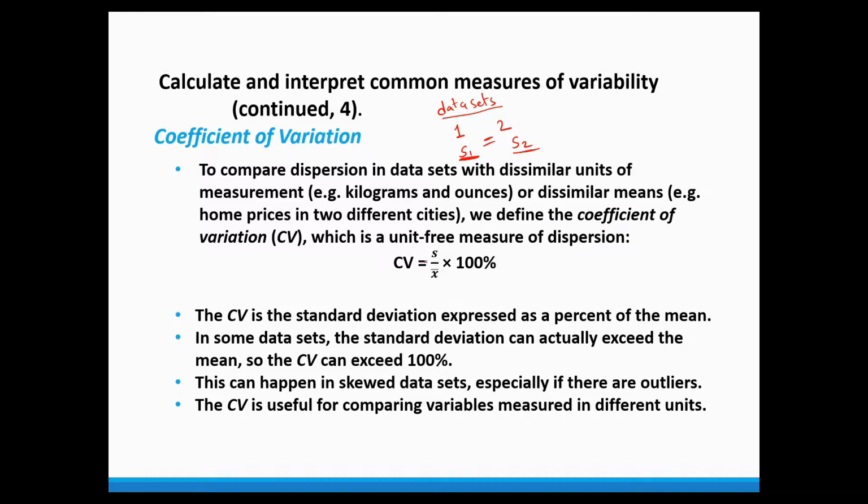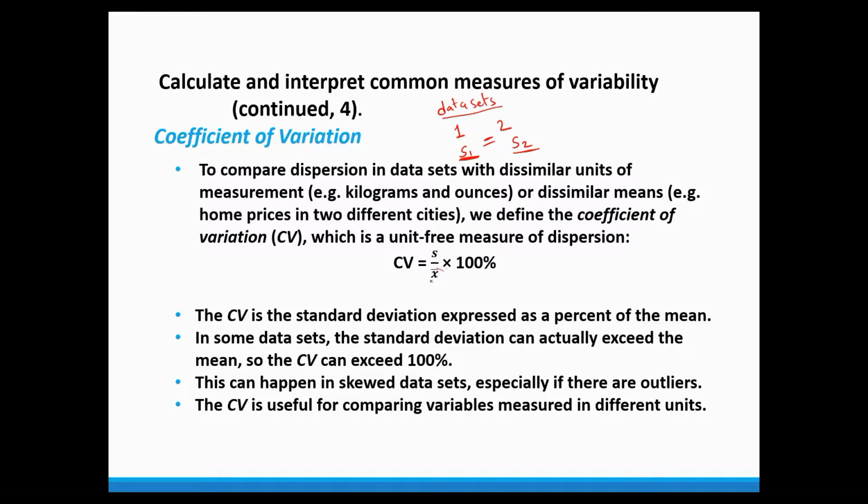In this case, it's equal to the standard deviation divided by the mean of the sample, and of course as it's a ratio or a percentage, we multiply it by 100%.